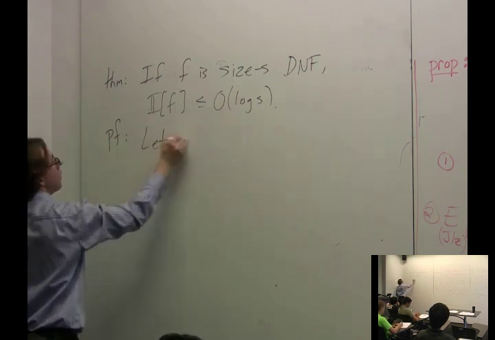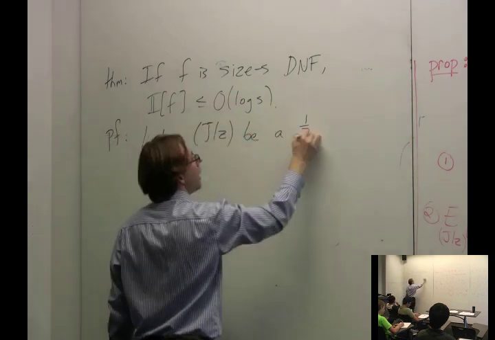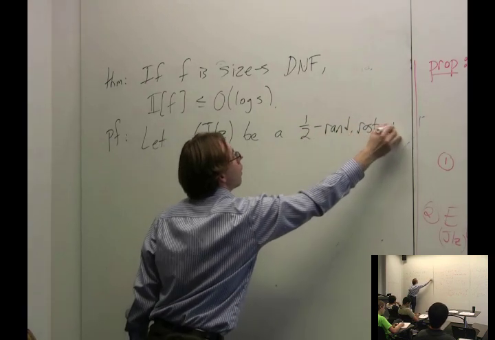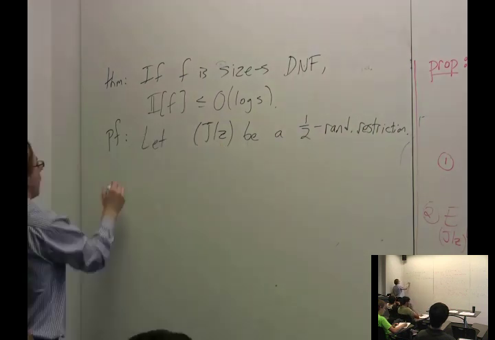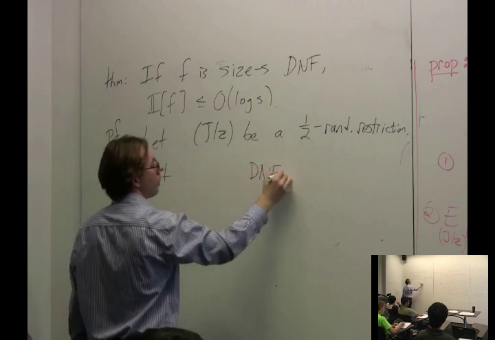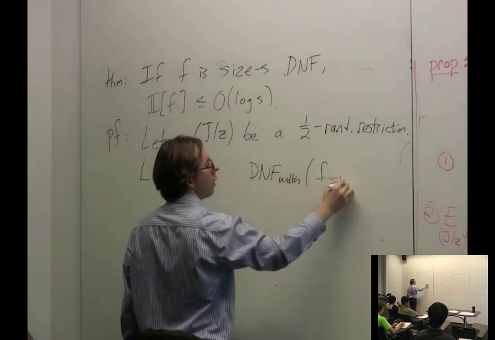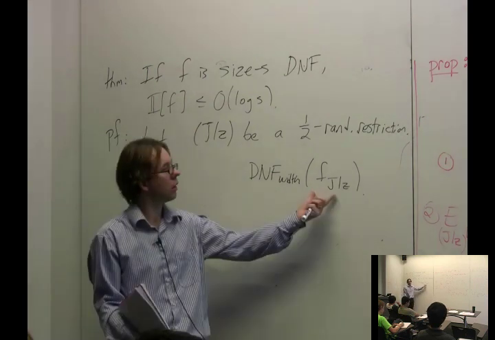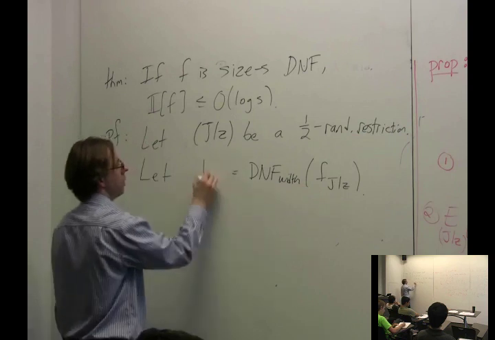So let JZ be a 1/2 random restriction. And let's look at the DNF width of the restricted function. Okay, the least width you need to compute the restricted DNF. That's a random variable. It depends on the random restriction. So let's call it capital W.